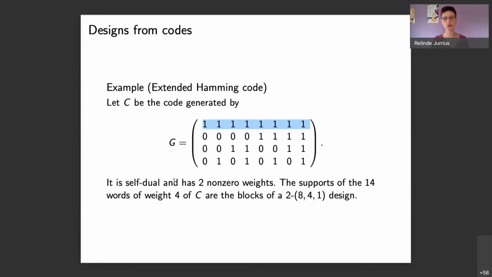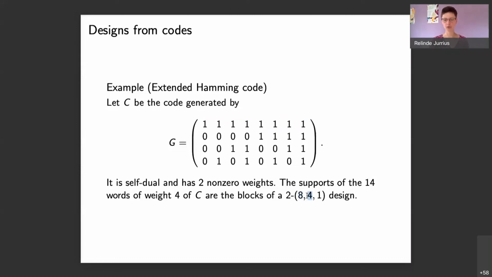This thing is self-dual, so it's enough that my code itself has only a few weights. That means that if I take all the 14 words of weight 4, 3 of which you can already see here, they are the second, third, and fourth row of the matrix, and then I look at all the positions where the ones are, this support gives me a design on 8 points.